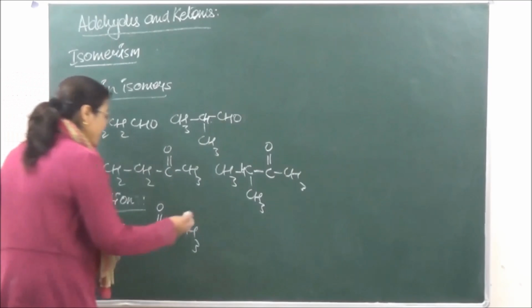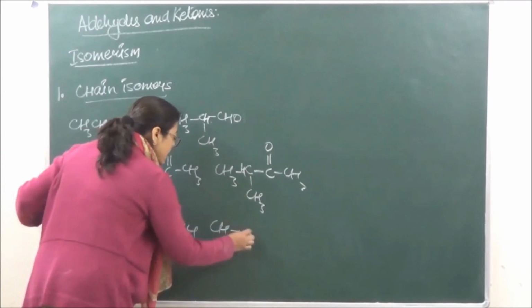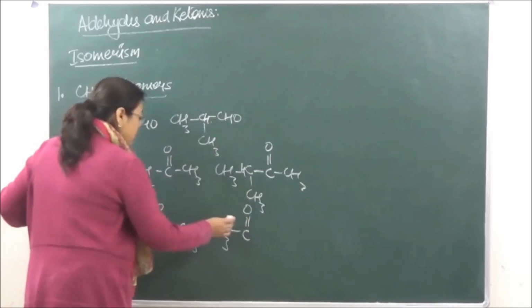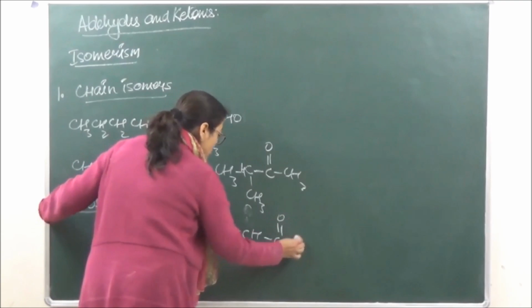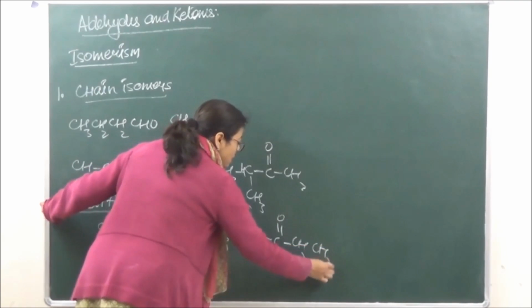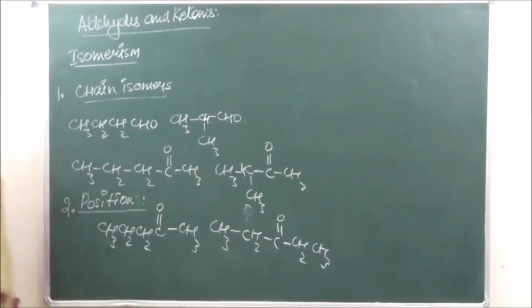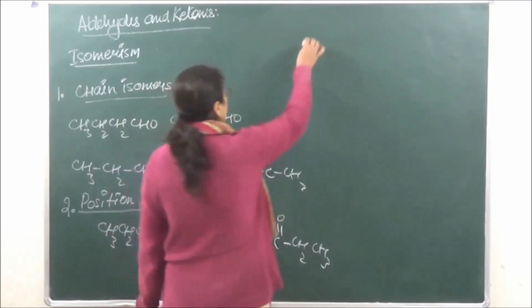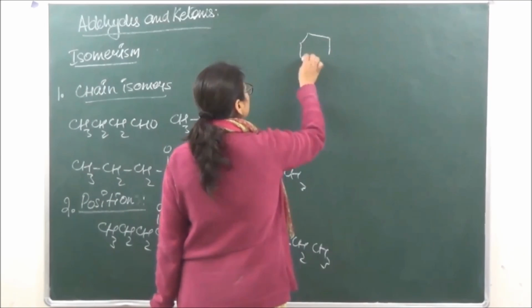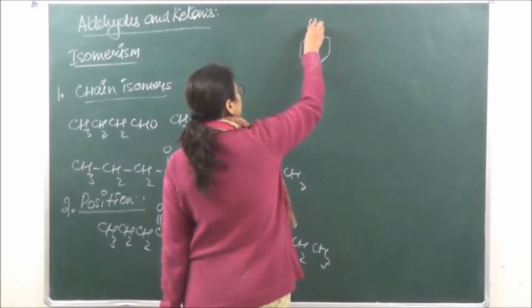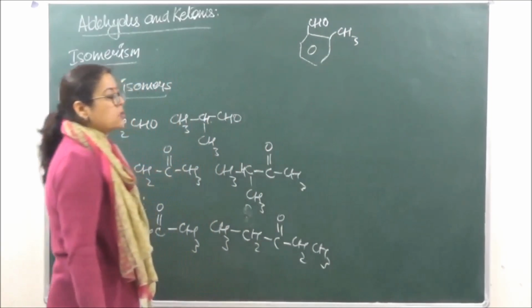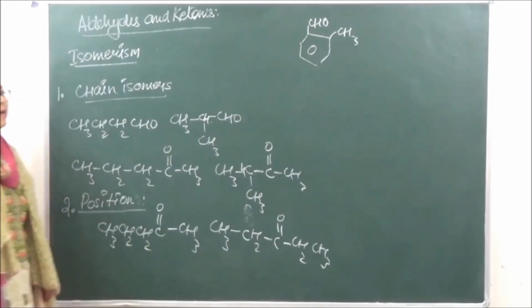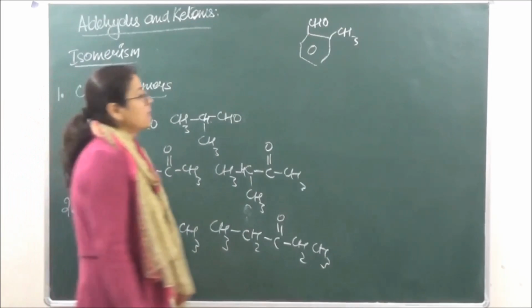और इसका जो position isomer होगा, that is going to be CH3, C double bond O, CH2, CH3. This is pentane 3-one. So this is the position isomer. If we are taking groups like this, this is going to be orthomethyl benzaldehyde. ठीक है?